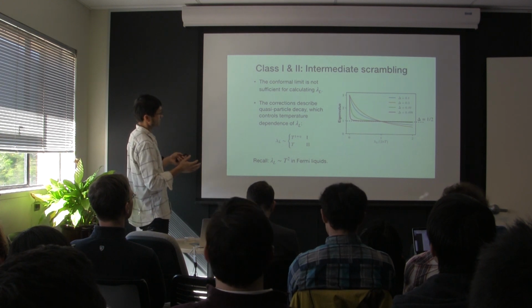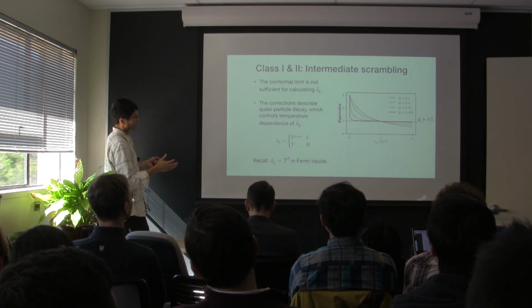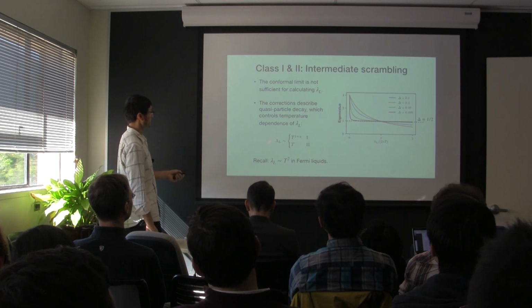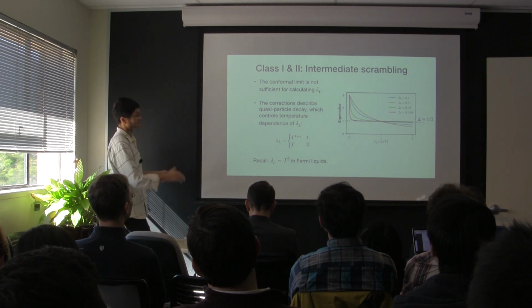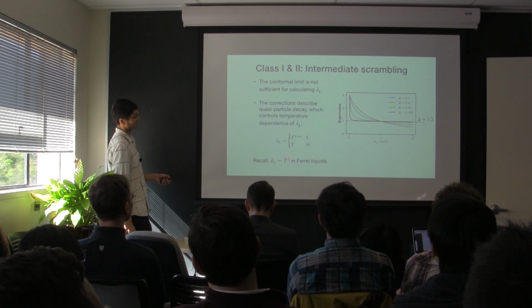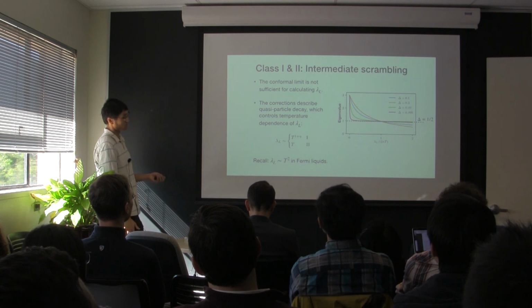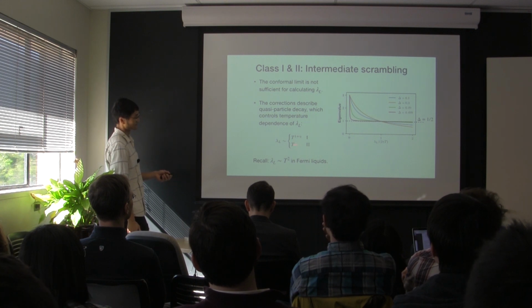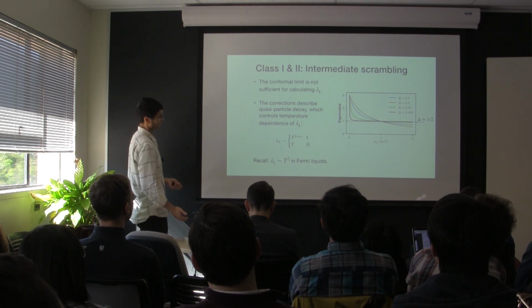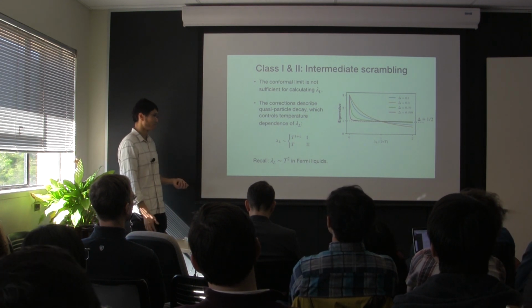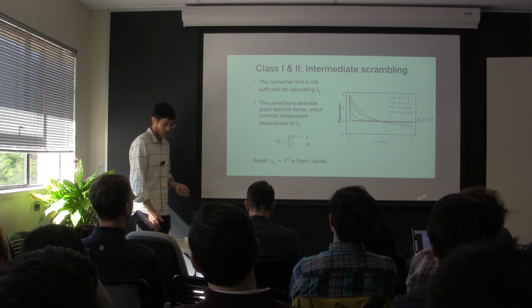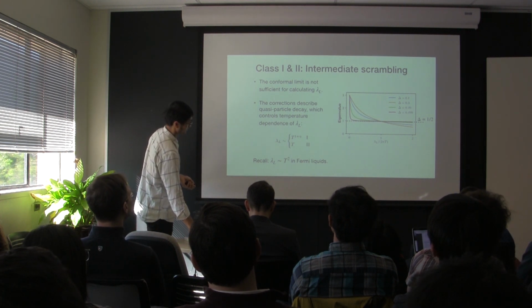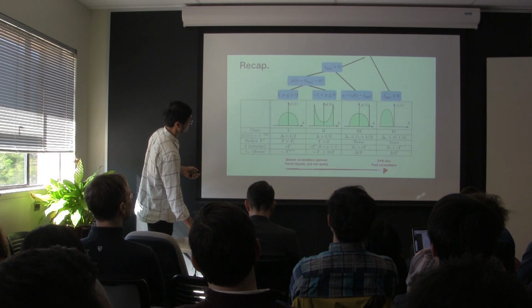And we did some estimates of this quantity, and we found that lambda L is like T to the 1 plus eta, which is still faster than a Fermi liquid scrambler in class 1, and in class 2 we actually expect it to behave linearly in T, although it should not always saturate the universal bound.